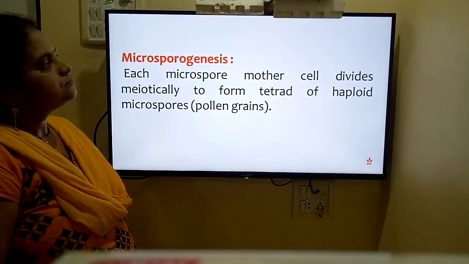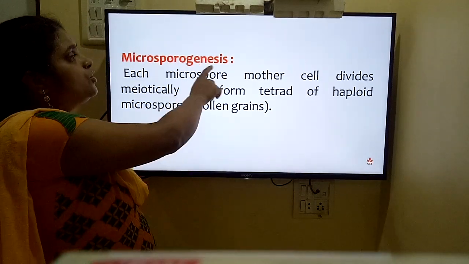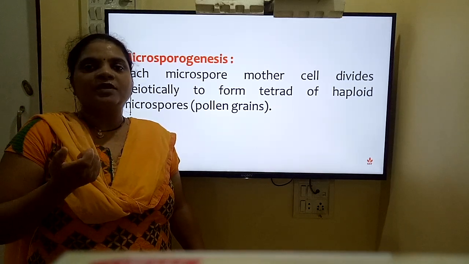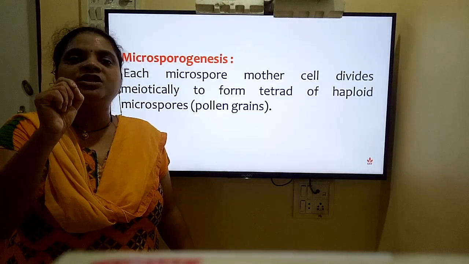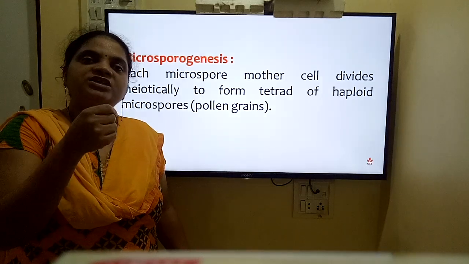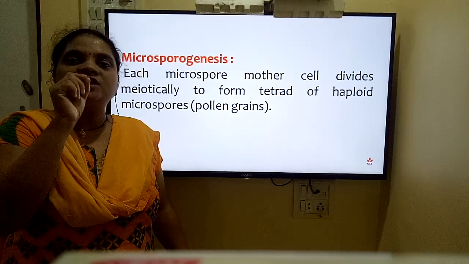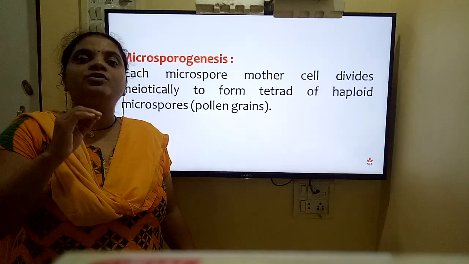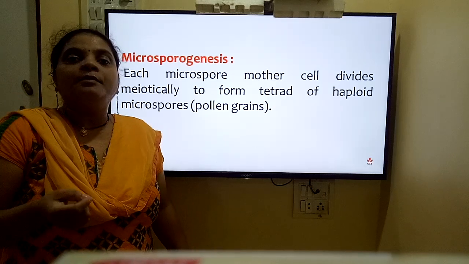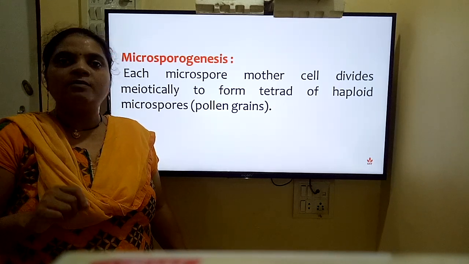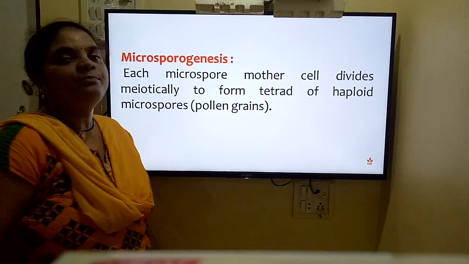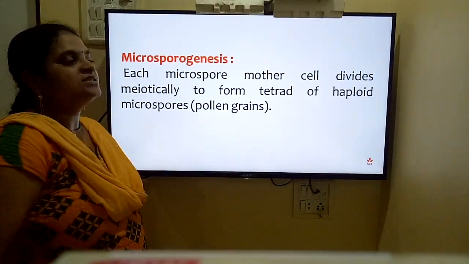Now microsporogenesis. Where have we heard this word? There is the sporogenous tissue, which possesses many cells. Those sporogenous cells undergo division. So those sporogenous cells are called microspore mother cells, and each microspore mother cell divides meiotically and produces 4, or we can say forms a tetrad of haploid microspores, which are also called pollen grains.